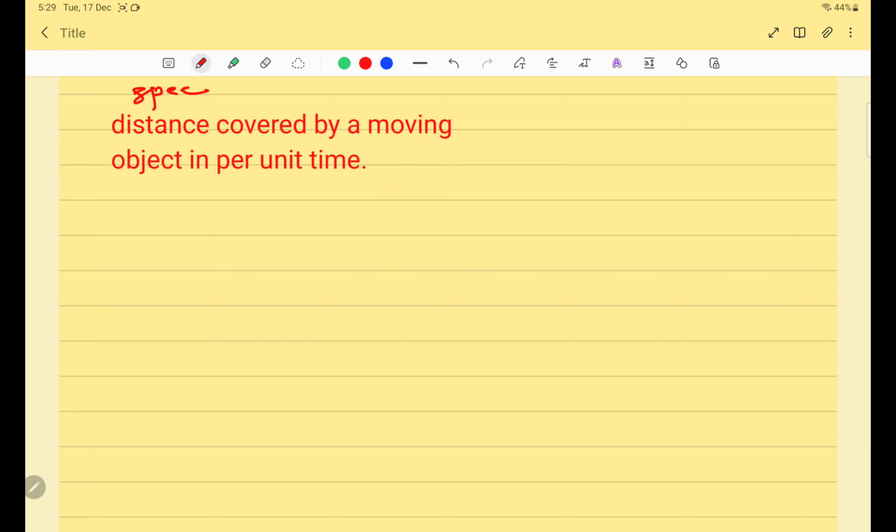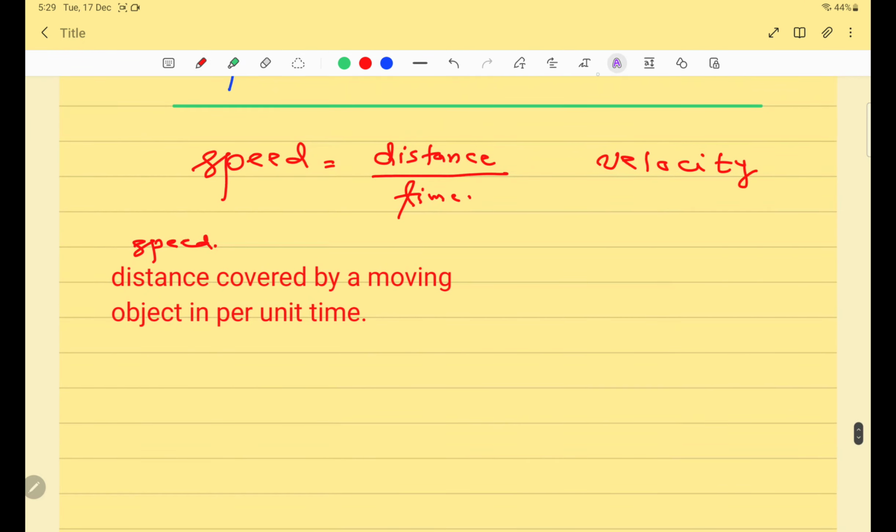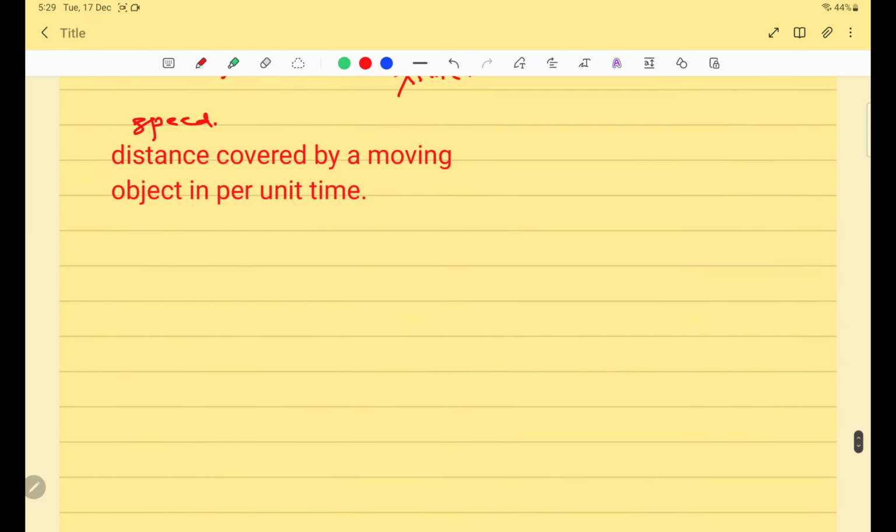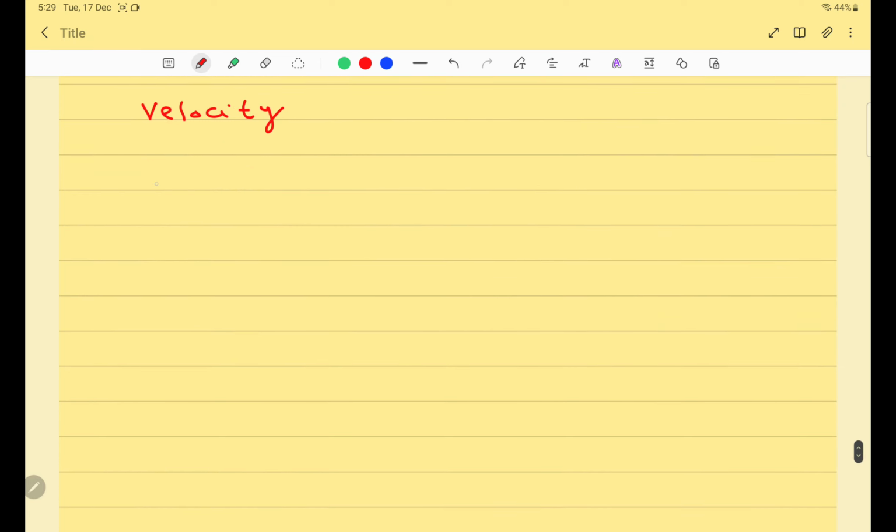It is the definition of speed, and its formula is distance divided by time. But if I ask you to define velocity: velocity is defined as the displacement covered by a moving object per unit time.